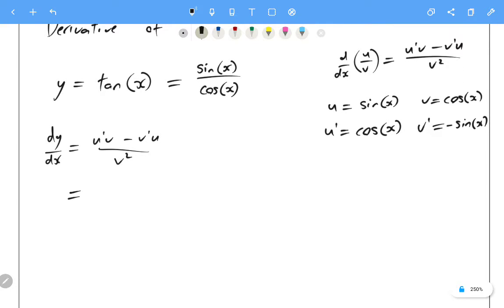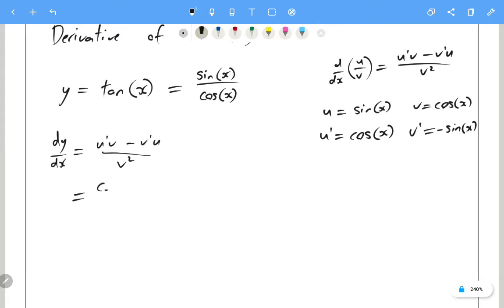Or, better written, cos of x times cos of x minus, and then we're going to get negative sine of x times sine of x.